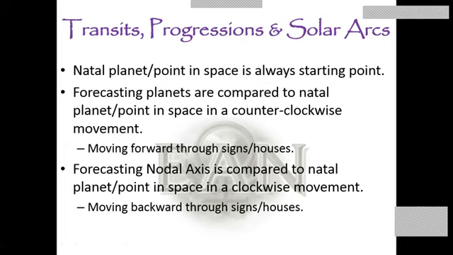The configuration of aspects in your chart stays the same. It slides with solar arcs. And get this, a degree a year at 45, every planet is going to make a semi-square to itself natally. At 60, every planet is going to make a waxing sextile to itself.